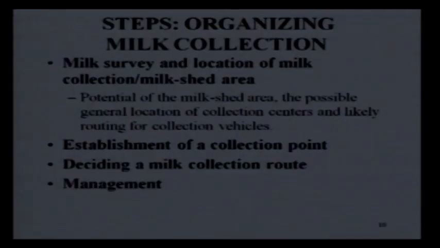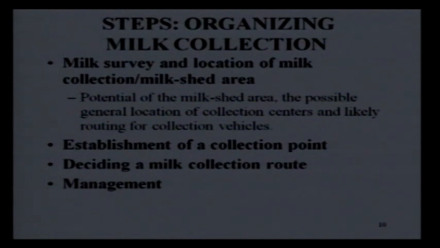Also, there is a focus on incentives for them. Now, how do we do it? Now, as an entrepreneur or as a supervisor, if you are working, how do you organize the milk collection? What are the steps involved?